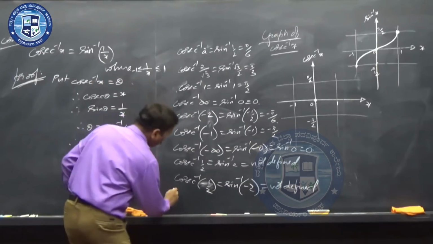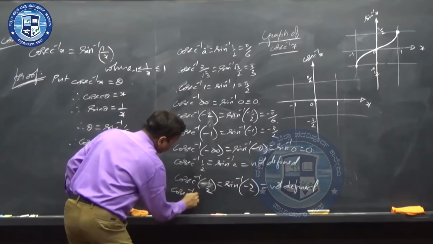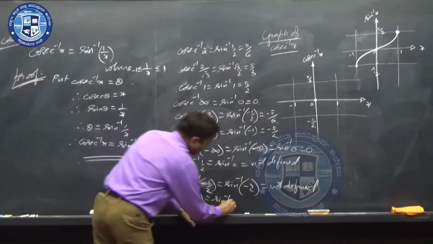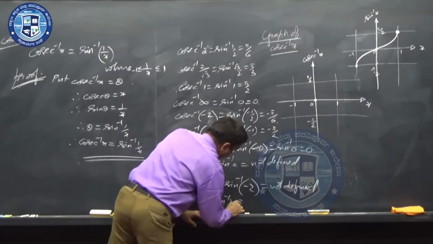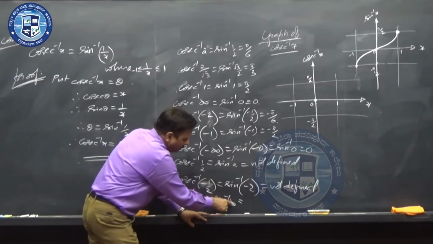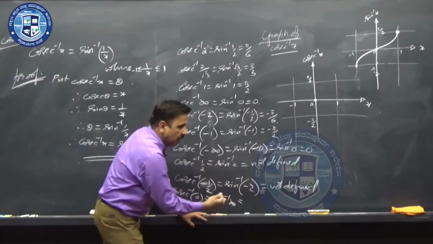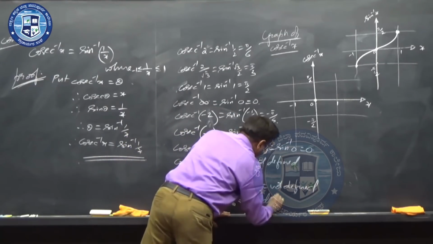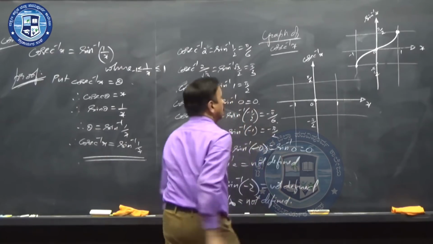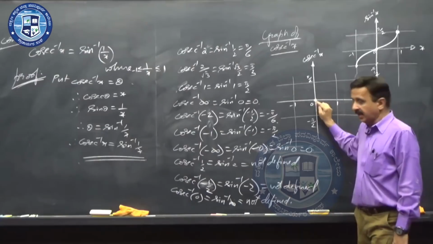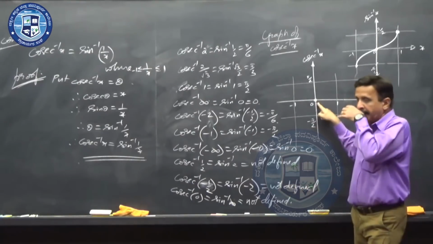Now, cosec inverse 0, look at this, cosec inverse 0 is equal to sine inverse of 1 by 0, which is infinity. Once again, for a similar reason, sine inverse 2 is not defined. In sine inverse infinity, infinity is much more than 1. So, it is not defined. So, cosec inverse 0 does not exist because it is not defined.